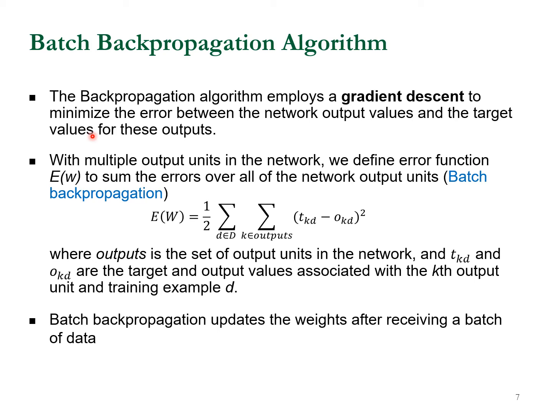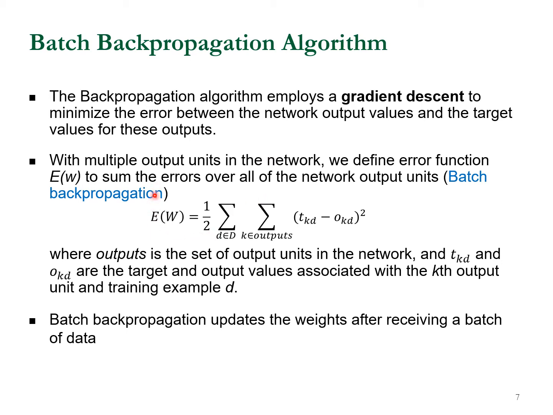If you remember, in the gradient descent method, the first step we do is to define the error function, right? Backpropagation is based on gradient descent, so the first step we do is to define the error function of the network.